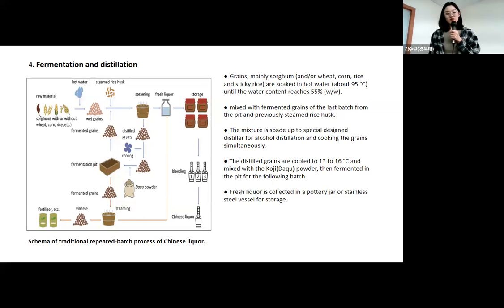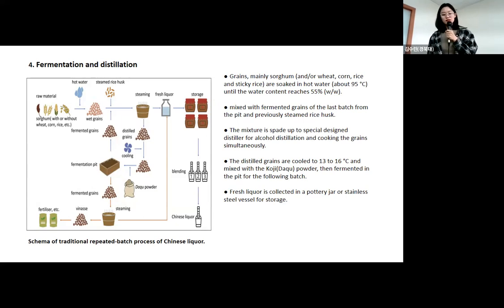The mixture is shaped up to a specially designed distiller for alcohol distillation and cooking the grains simultaneously. The distilled grains are cooled to 30 to 60 degrees and mixed with the koji powder, then fermented in the pit for the following batch.